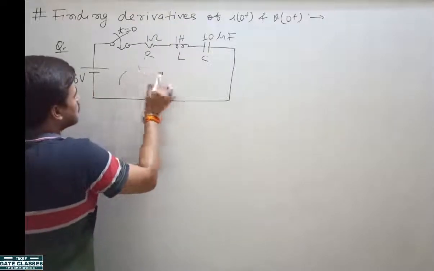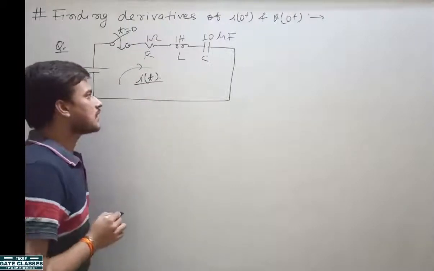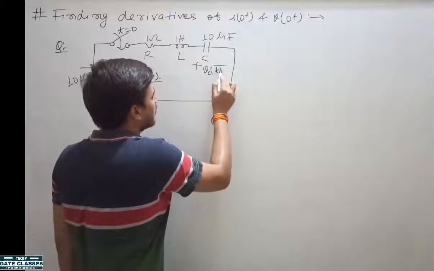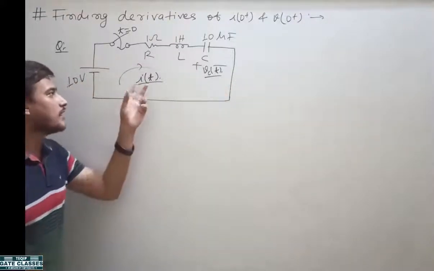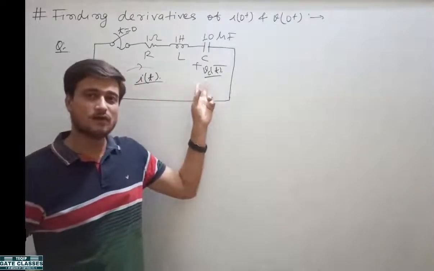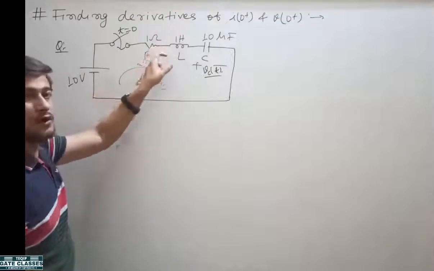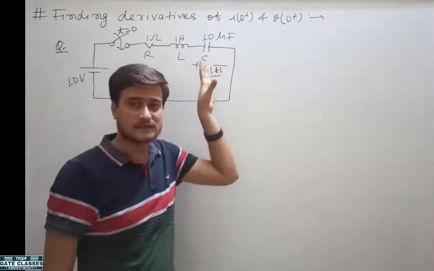The current flowing through this circuit, if the switch is closed, will be IT and here it will be VCT. Clear? So first, without closing the switch, we have to find I0 plus and V0 plus. Here the inductor will not allow sudden change in current and it is already given that all the initial conditions are 0.